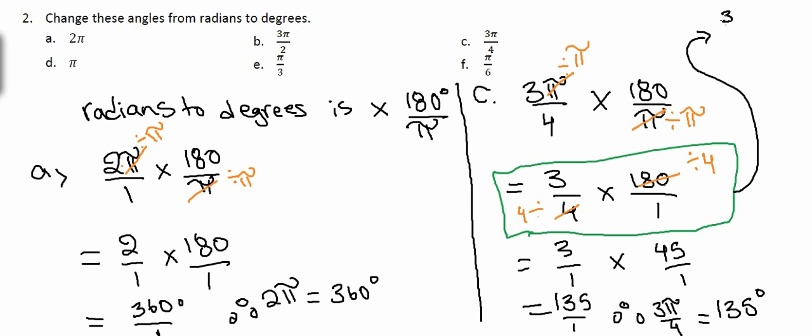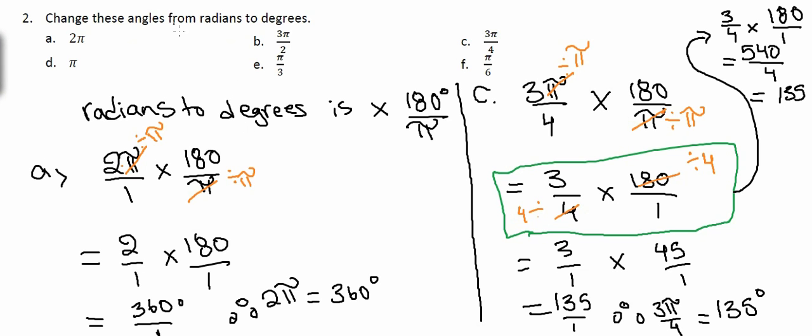So if I had just left it as 3 over 4 times 180 over 1, I would have ended up with 3 times 180, which is 540 over 1. Now I can reduce 540 over 4, and that will bring me to 135. So either way you would have gotten the same answer, but you didn't necessarily have to use that shortcut.